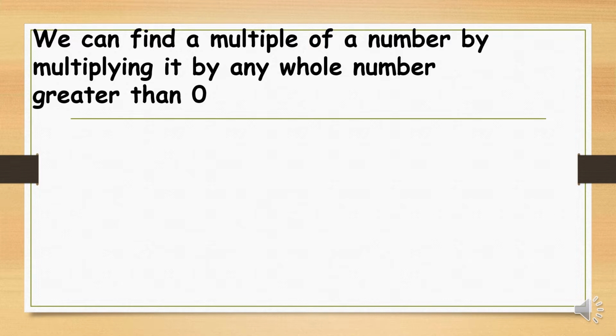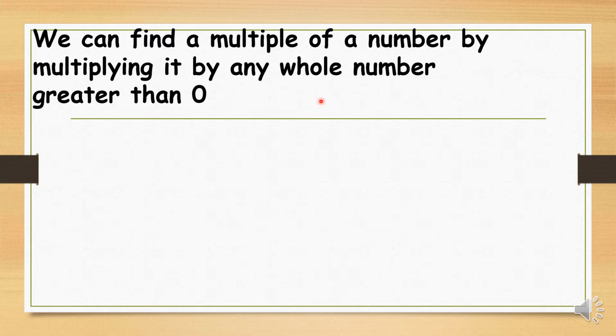How do we find a multiple of a number? We can find a multiple of a number by multiplying it by any whole number greater than 0. So if we multiply the number by any whole number greater than 0, we will find a multiple of the number. If you recall, whole numbers start with 0 and they are non-fractional.